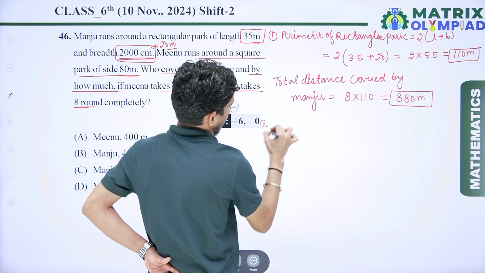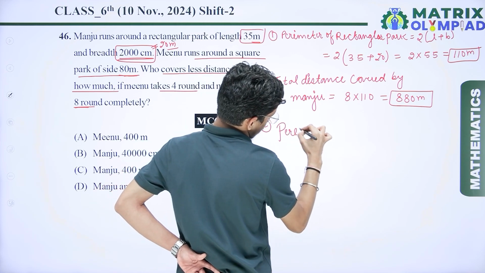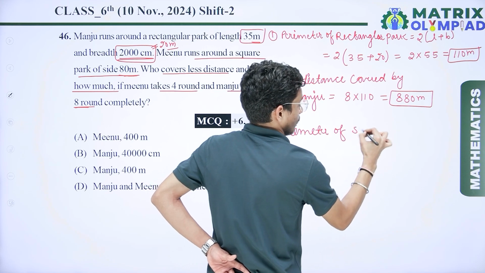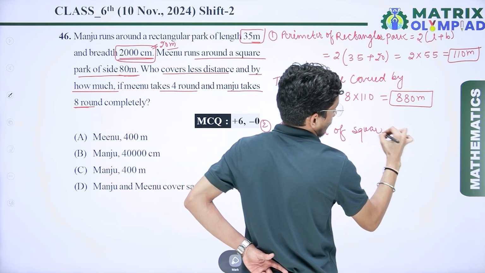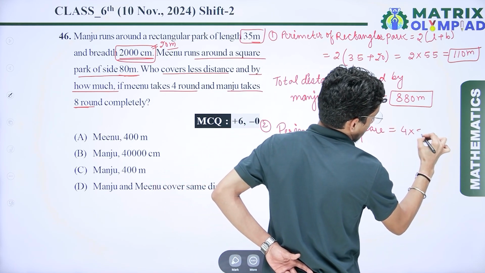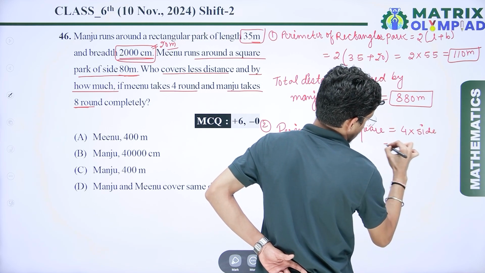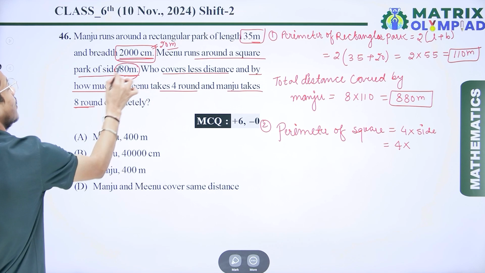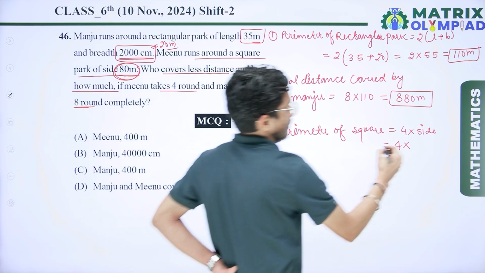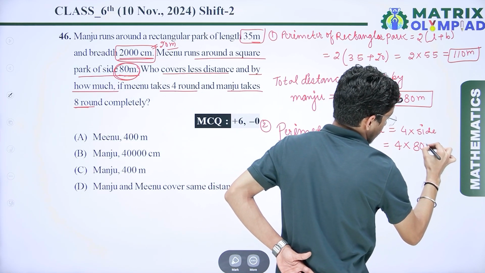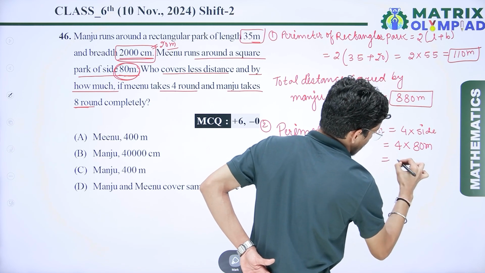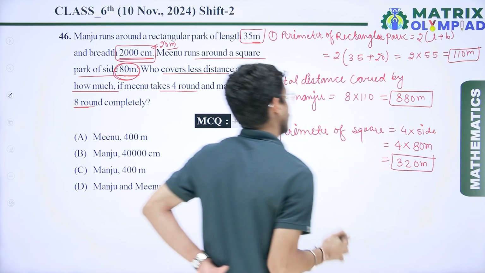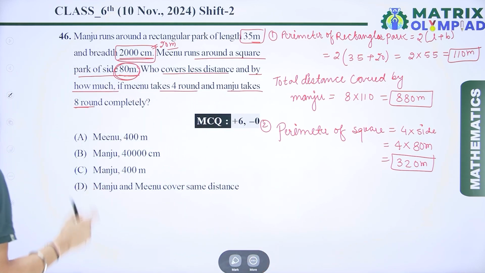The perimeter of a square is 4 multiplied by side, so 4 multiplied by 80 meter. 4 times 8 is 32 and 0. So in 1 round of the square, Minu covers 320 meter.